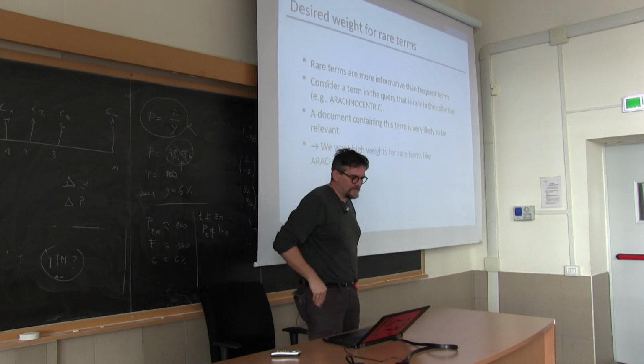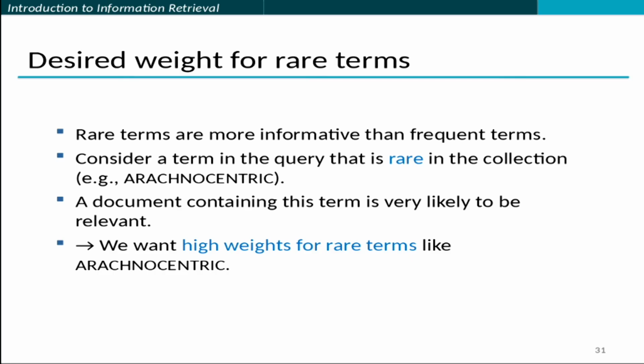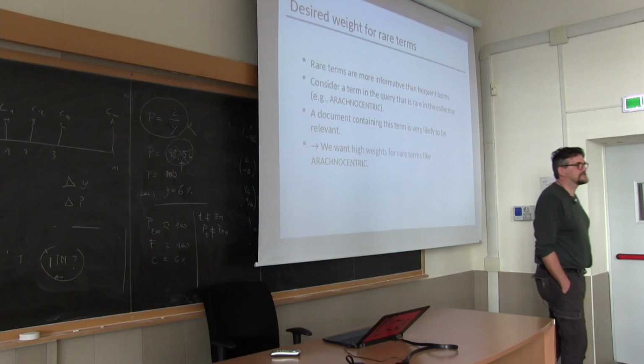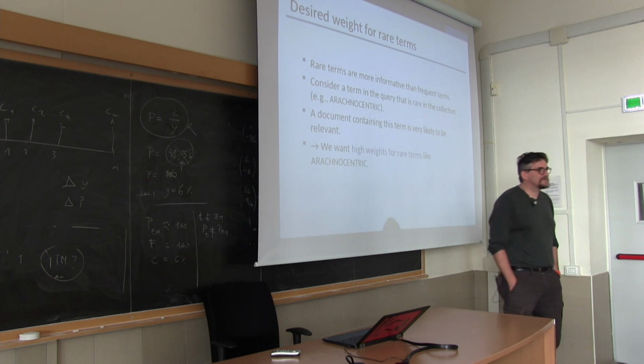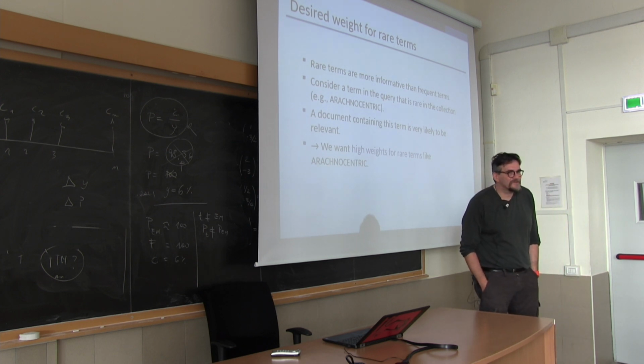As an example, the assumption is always the same: rare terms are more informative than frequent ones. But let's assume that you have a term in the collection, like arachnocentric. I don't know, maybe I use this word in English only during those classes.